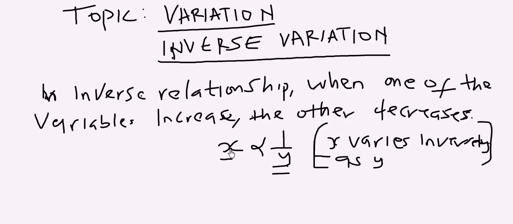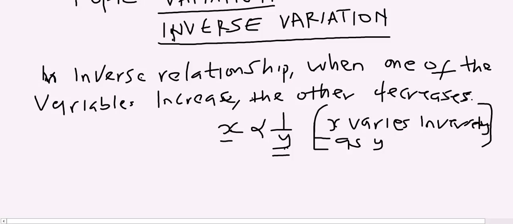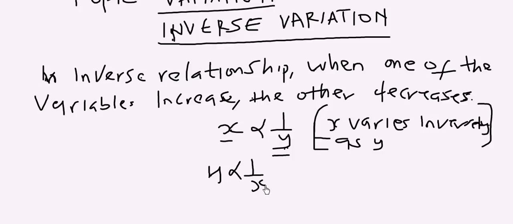If x decreases, y also increases. So that x varies inversely as y, we can also say y varies inversely as x. These two relationships are actually the same.